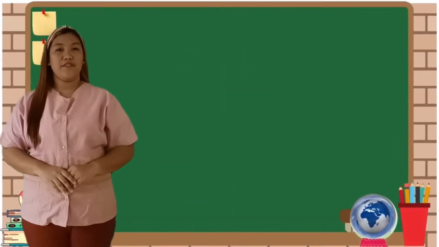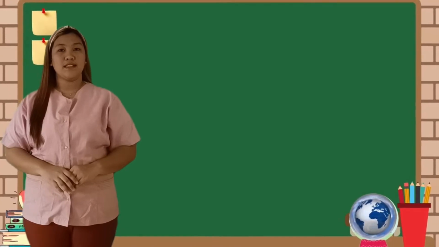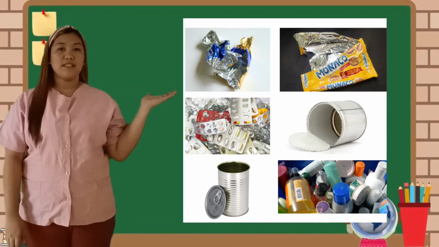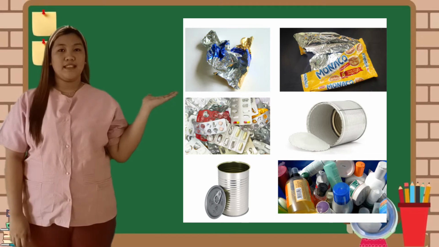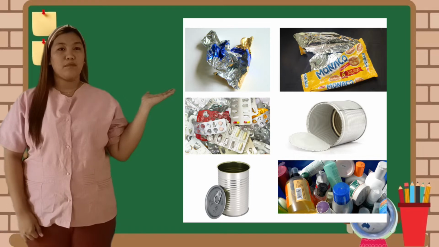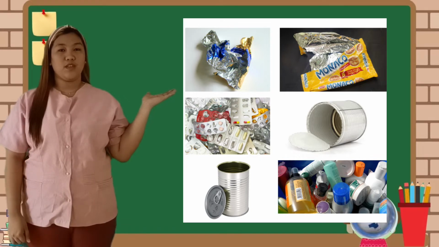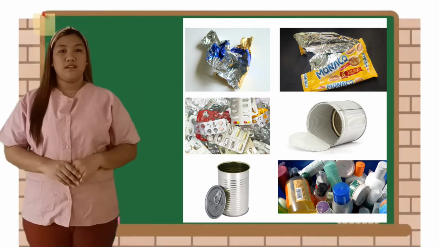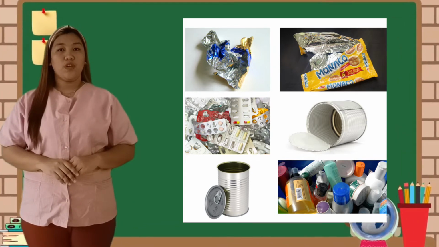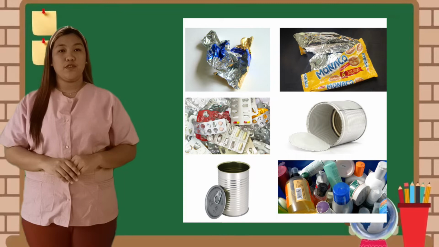So now, I have another collection of waste materials such as empty packages of candies, biscuits, medicine, cans of milk, sardines, and empty bottles, tubes of shampoos and conditioners. Let's start sorting this out. I have a question. Which of these materials is still useful to us?